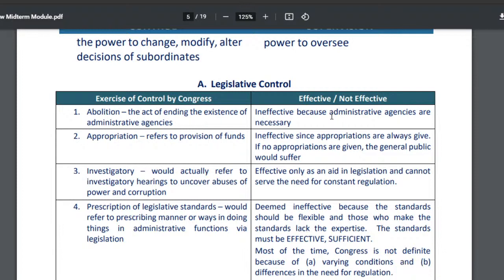So it is actually a futile exercise if you just abolish the administrative agencies haphazardly. If, for example, you're a congressman and you found a particular administrative office that is no longer effective, instead of abolishing that office, what should be done is to investigate what's going on in that office. So for example, PAGCOR, let's just say PAGCOR is no longer effective, or some other offices are no longer functioning, like PCGG.